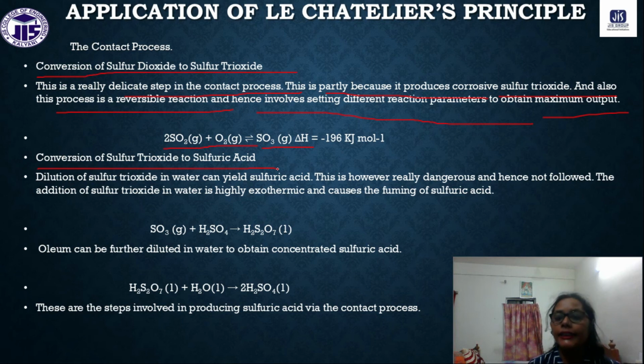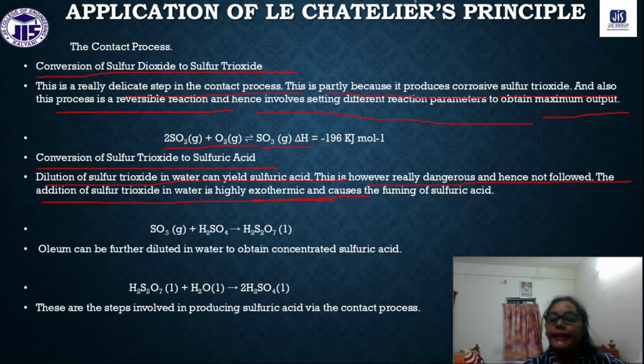Now next, this sulfur trioxide will be converted into sulfuric acid with the help of water molecules. Dilution of sulfur trioxide in water can yield sulfuric acid. This is however really dangerous and hence not followed. The addition of sulfur trioxide to water is highly exothermic. Mind it, exothermic means energy is released.